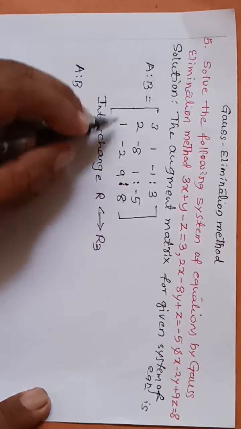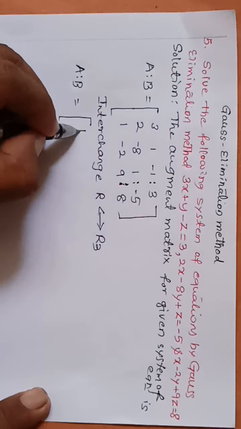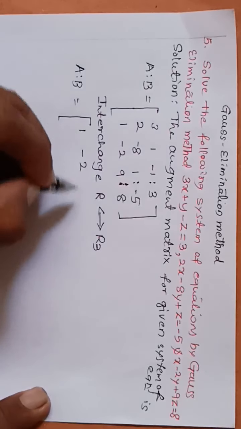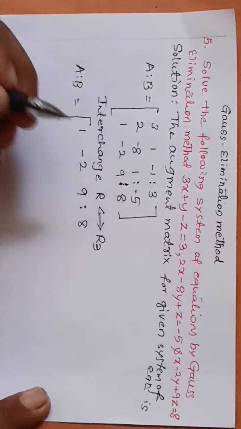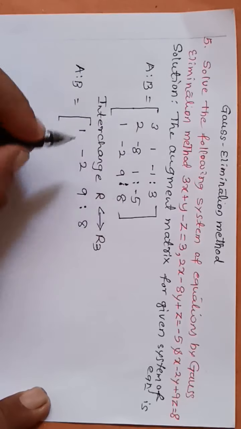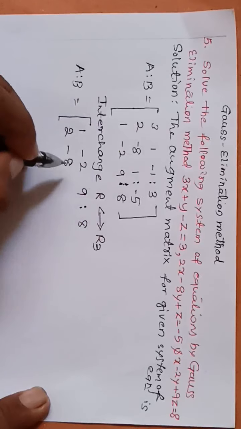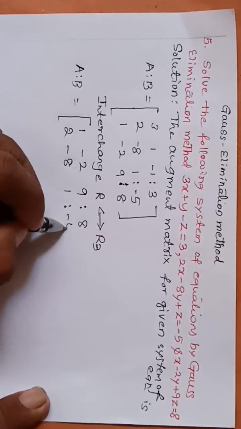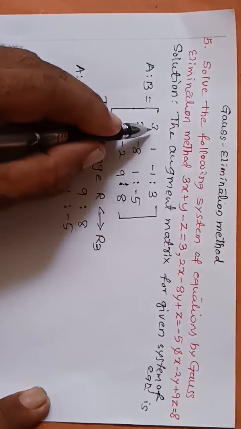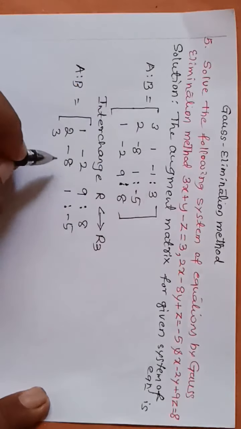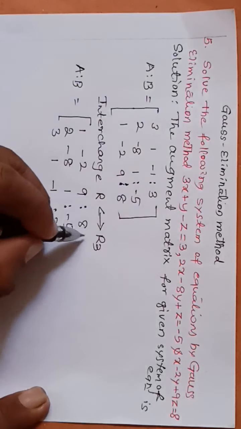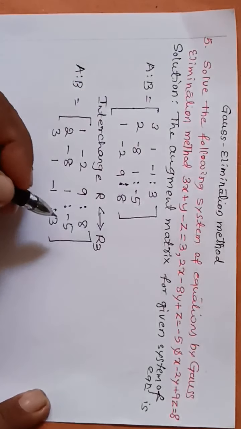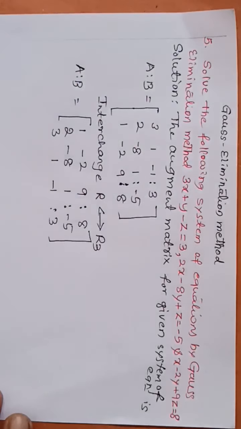Shift the third row to first. So it is 1, minus 2, 9, 8. Next the second row as it is, 2, minus 8, 1, minus 5, and the third row shifting here is 3, 1, minus 1, 3.